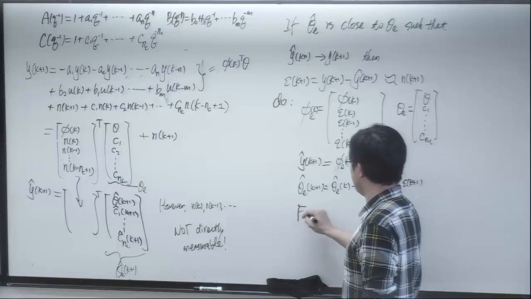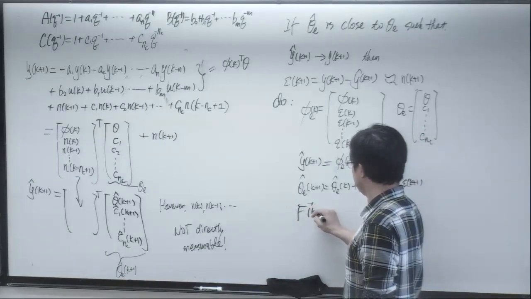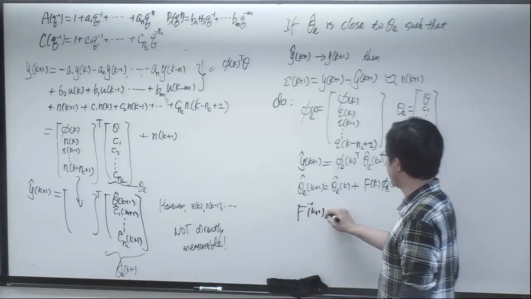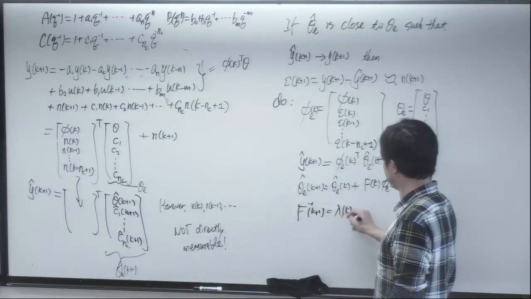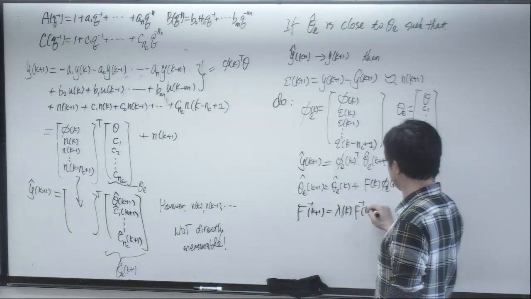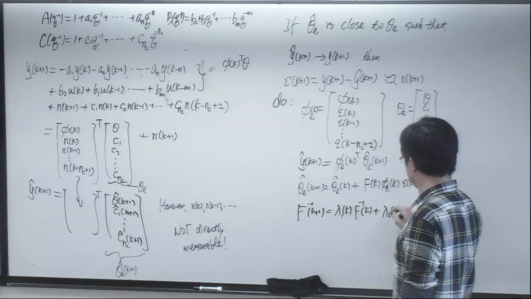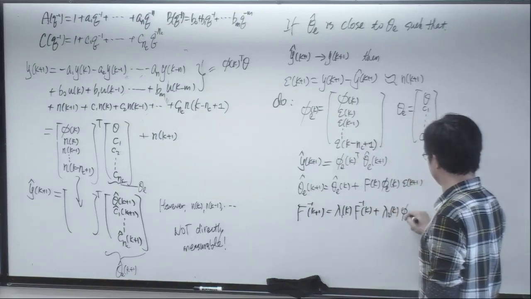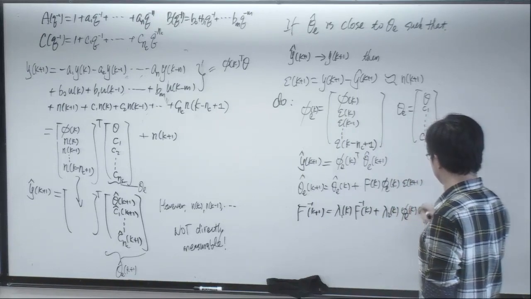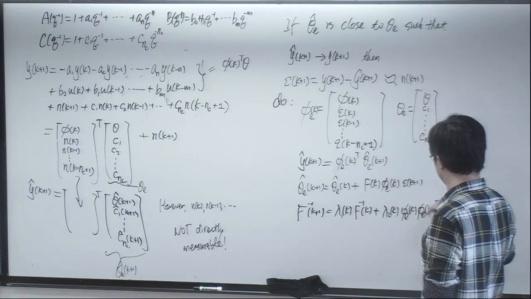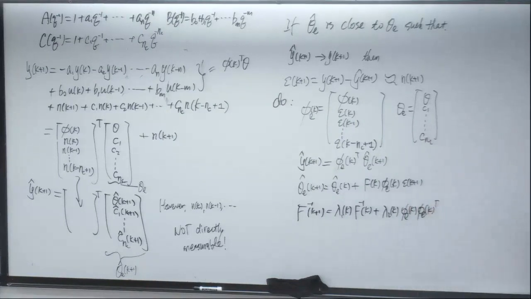And then the same equation for the adaptation gain. So that's the extended least squares.